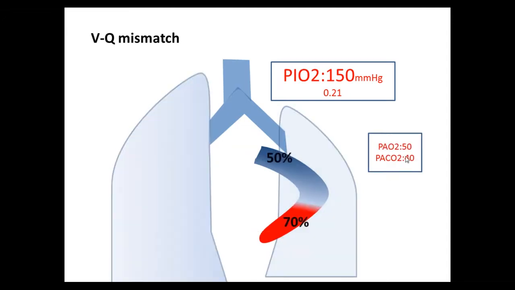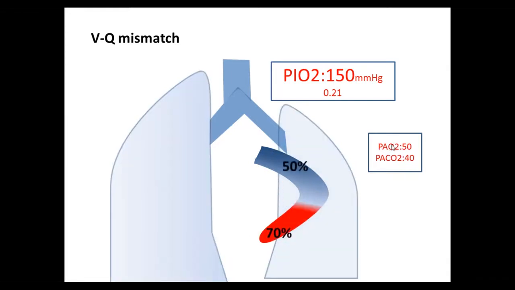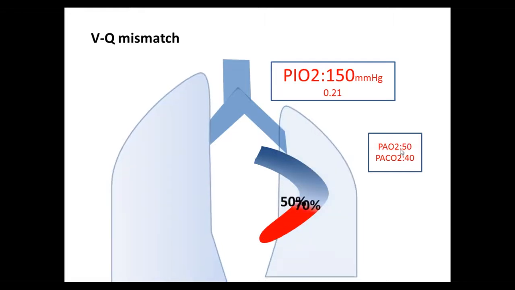The alveolar partial pressure of oxygen is around 50. So the normal alveolar pressure of oxygen, as we mentioned before, is around 100, so reduced almost by 50%, and alveolar partial pressure of carbon dioxide is around 40, which is normal. So there is no issue with ventilation, but mainly with low partial pressure of oxygen inside the alveoli.